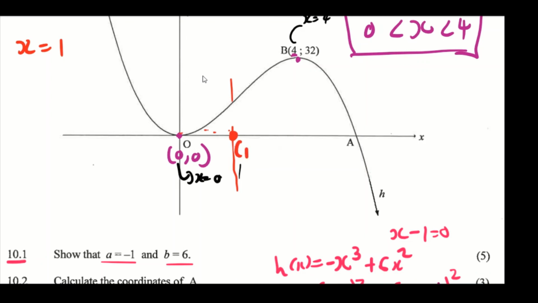It's going to be 1 and 0, and then this would move somewhere here, right? So the new turning point will be 5 and 32, and then this point here will move because it's going to look like this, so it will touch this point where it's 0 and 7, right? So that would be the function of the new shift, right?